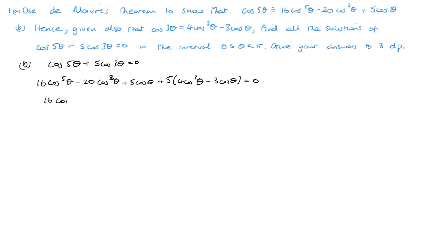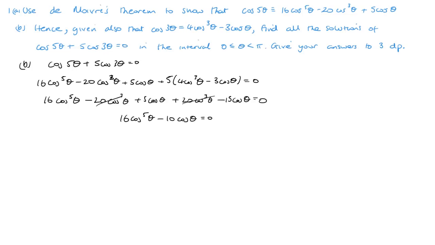So we get 16 cos to the 5 theta minus 20 cos cubed theta plus 5 cos theta plus 20 cos cubed theta minus 15 cos theta. So the 20 cos cubes will cancel. So we're left with 16 cos to the 5 theta minus 10 cos theta equals 0.